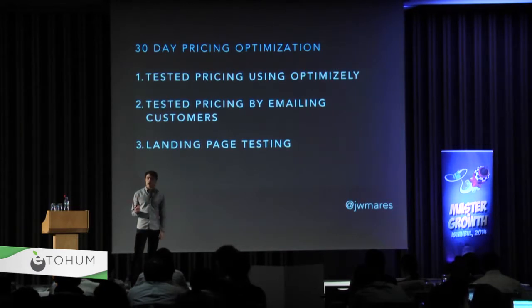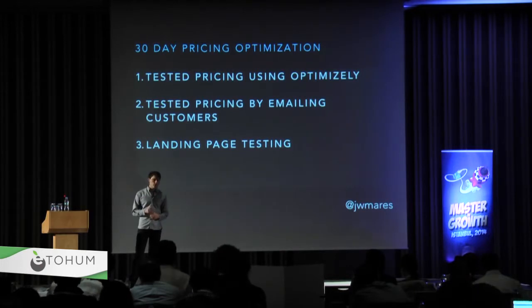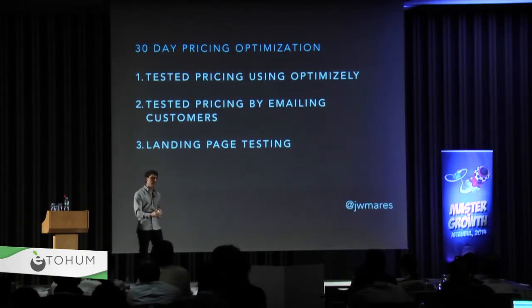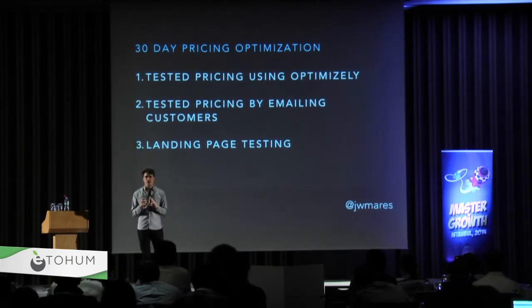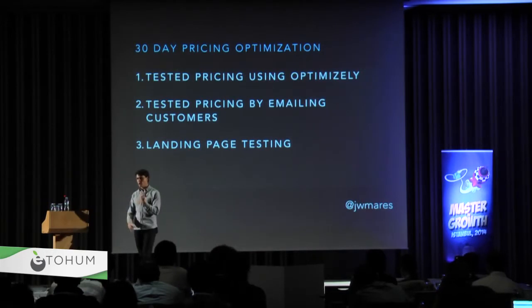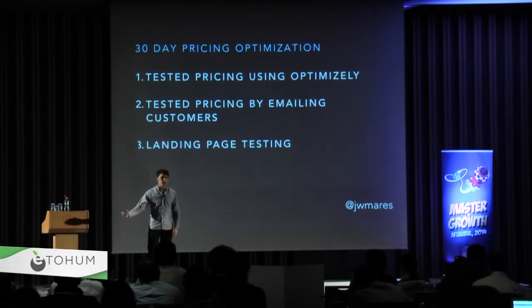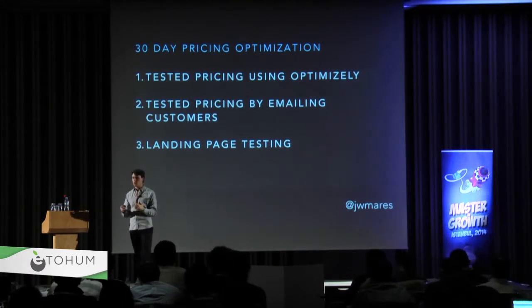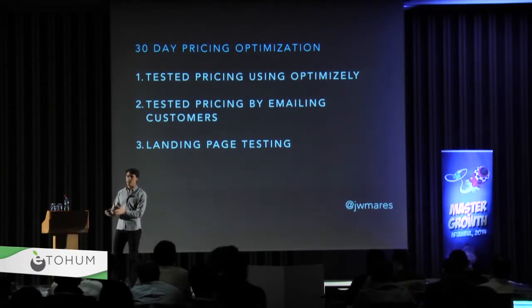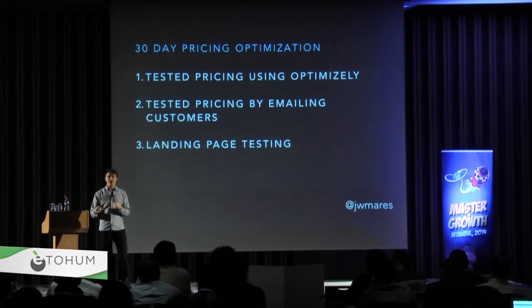So another way that you can test pricing: email customers. We took all of our customers that were paying less than $39 a month, and we sent them an email. We said, hey, we're rolling out new pricing with new features. This is what we're doing, here's our value prop. Sign up. We tested different prices in the emails.